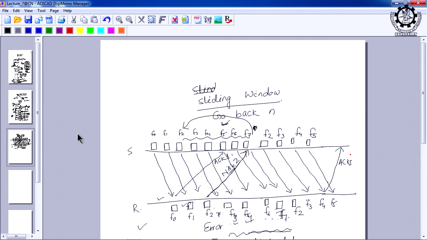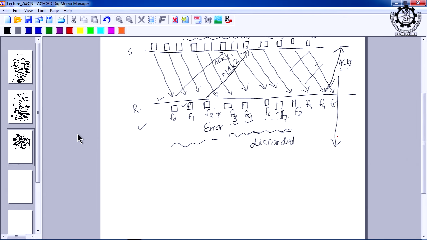What is the meaning of this? What will the sender interpret from getting the ACK 5? No acknowledgement was sent in between, but the receiver sends an acknowledgement for F5. How does the sender interpret this? Whether the transmission was successful or there was an error in between.